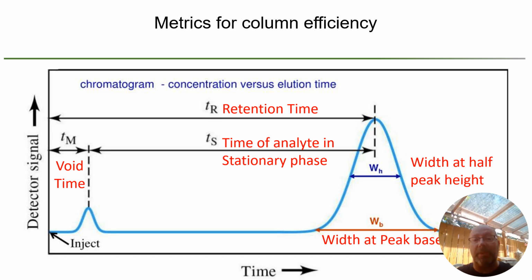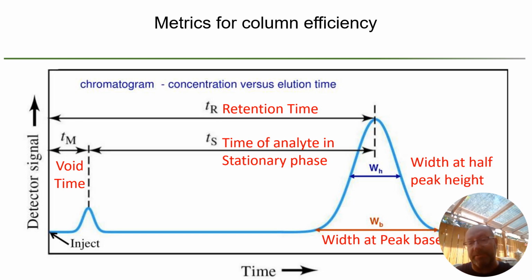So we have several metrics that we're going to look at for column efficiency. The ones that we are really going to need to pay attention to for the purposes of this exercise are retention time and the width at the peak base. Now, when we inject onto a column, we get a void time.